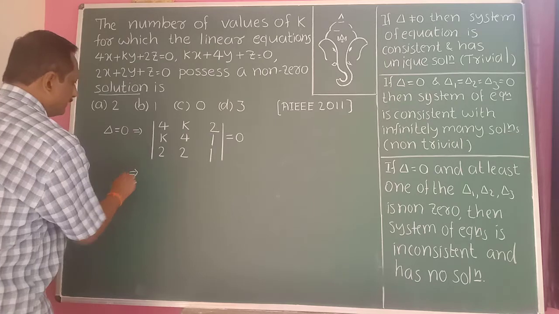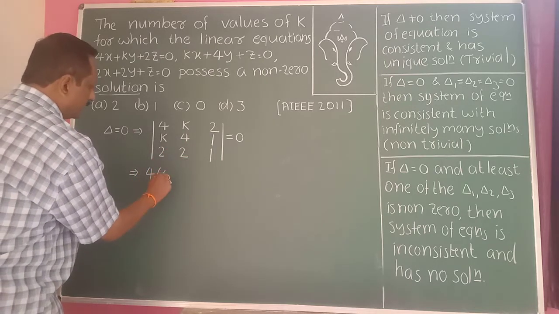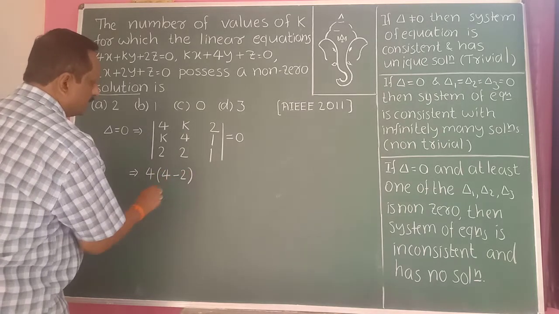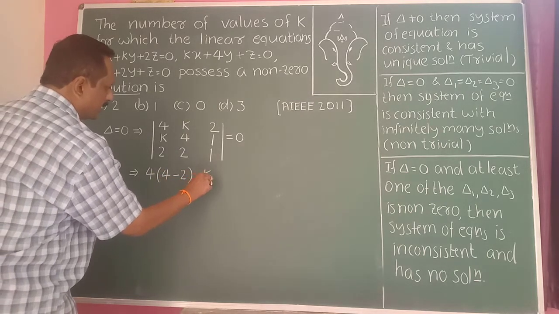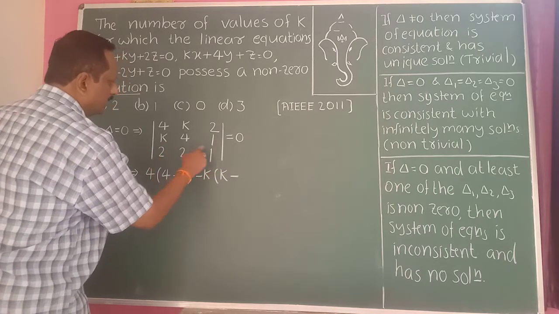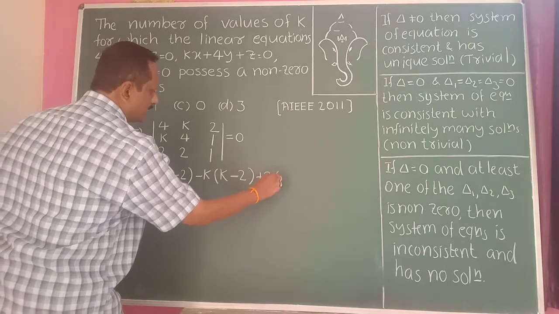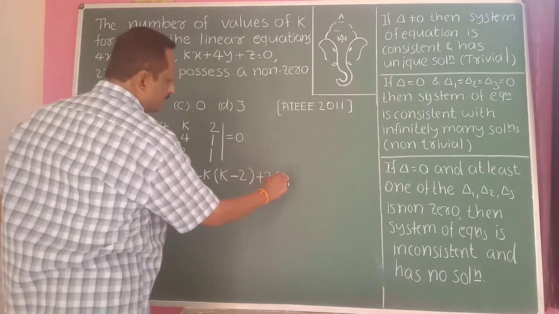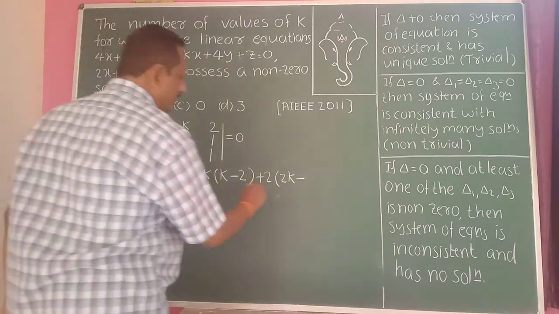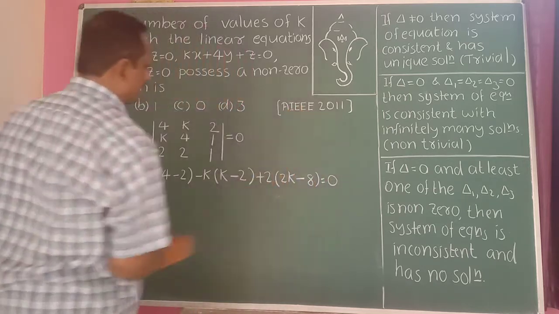This implies 4 into (4 ones of 4 minus 2 ones of 2), minus k into (k into 1 becomes k, minus 2 ones of 2), then plus 2 into (k into 2 becomes 2k, minus 4 2s are 8), that is equal to 0.